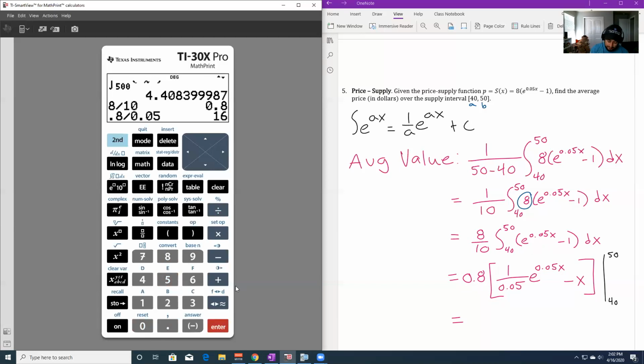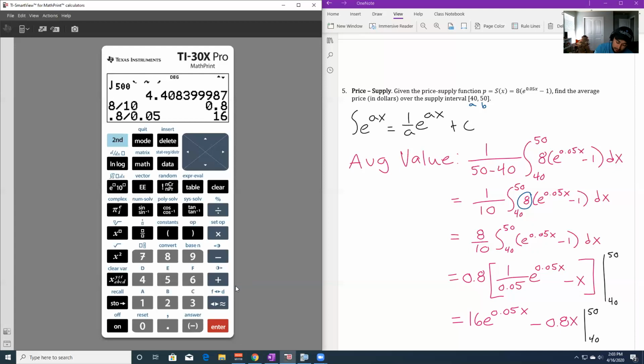That gives me 16. So this becomes 16 e to the 0.05x minus 0.8x from 40 to 50.